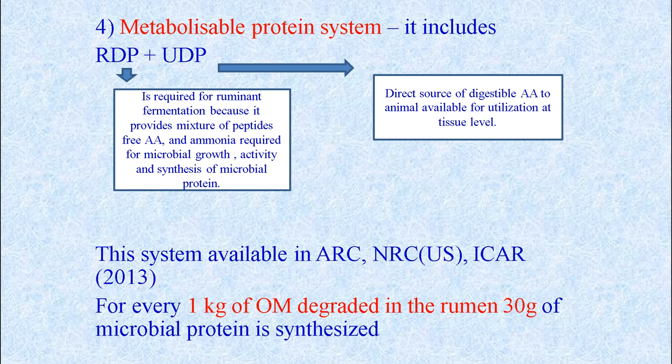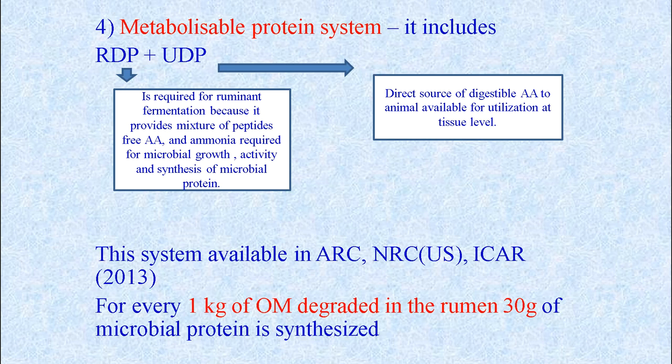So this RDP requires ruminant fermentation, especially the microflora, which utilize the protein to form their own nitrogenous substances, and ultimately the nitrogen is utilized by the microbial flora to synthesize their own protein.